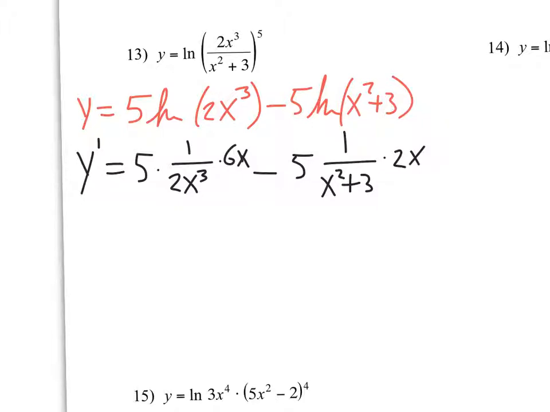Okay, we're going to have 30 over 2, which is going to be 15. X over x to the third is going to be over x squared. And then that's going to be minus 5 times 2 is 10, x over x squared plus 3. Not too bad. I could combine those, but I'm not going to.